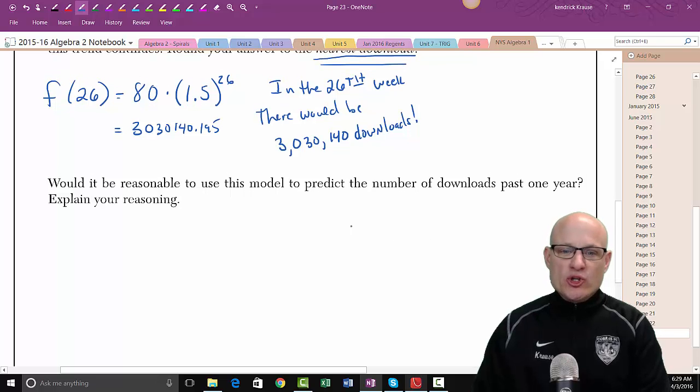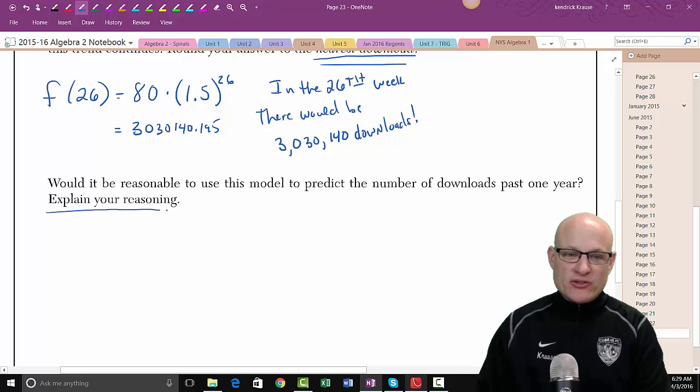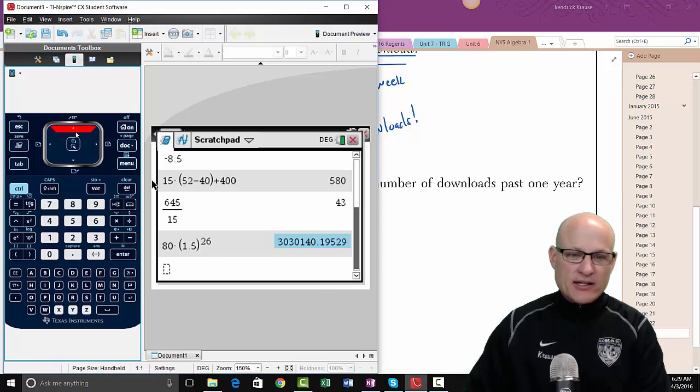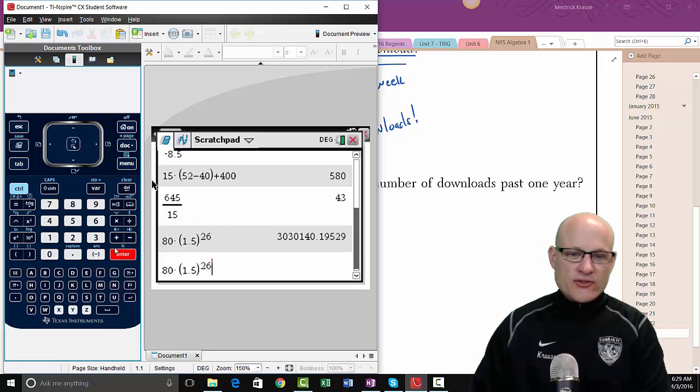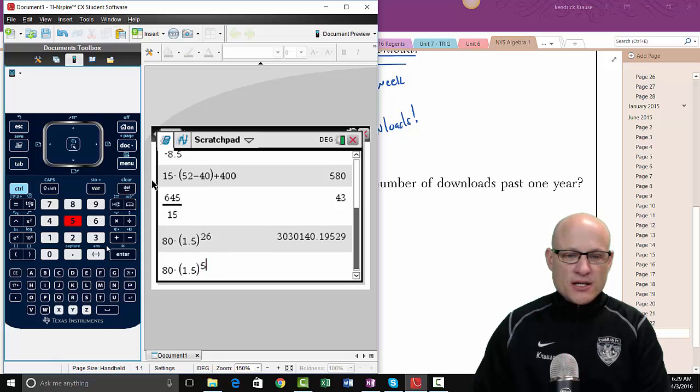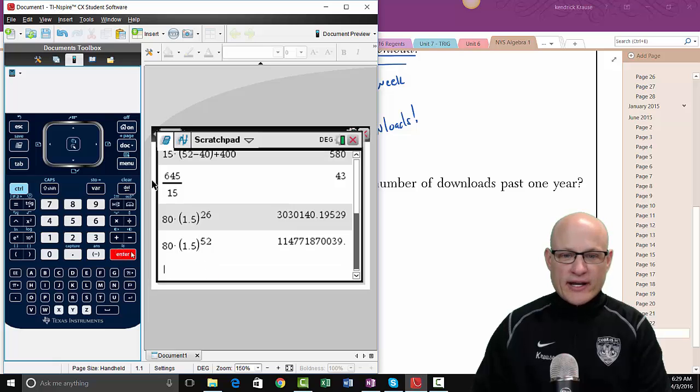Would it be reasonable to use this model to predict the number of downloads per 1 year? Explain your reasoning. Well, 1 year would be f of 52. Now, if you tried to do f of 52 on your calculator, which is the same exact equation except with an exponent of 52, you might think your calculator would give you a bogus answer.